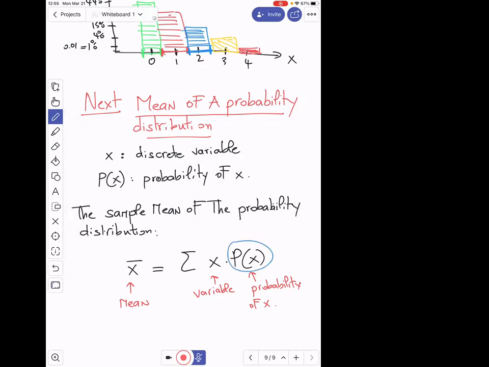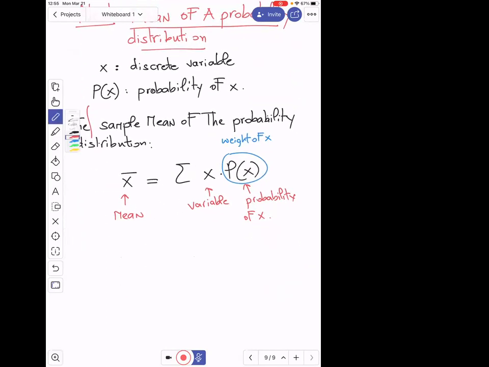This mean is just another version of the weighted average, but for probability distributions. In our example, let me write down here a remark.